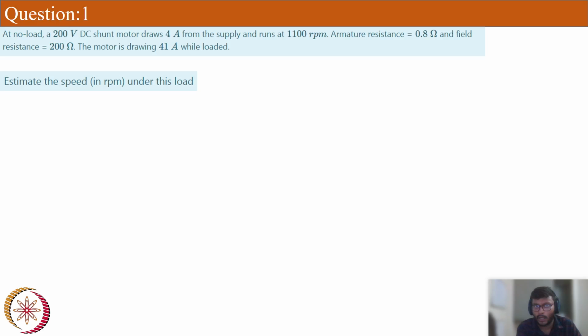There is a shaft connected here, and I have not connected any load. So when there is no load, 4 amps is being drawn, and this is IF, and this is IA. We don't know what IA is and we don't know what IF is, so let's see what the question asked.